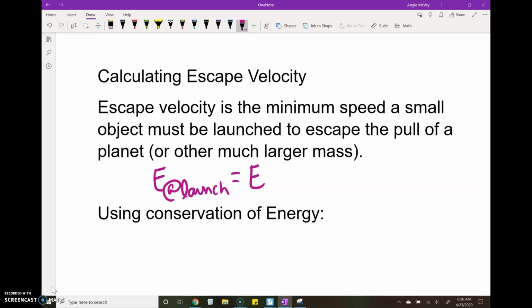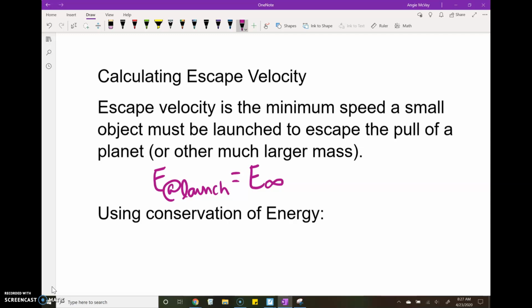We're really interested in comparing the energy that an object has at launch to the energy it has when it has escaped the planet's gravitational pull. Remember, we call that location infinitely far away. So, the energy it has at infinity.